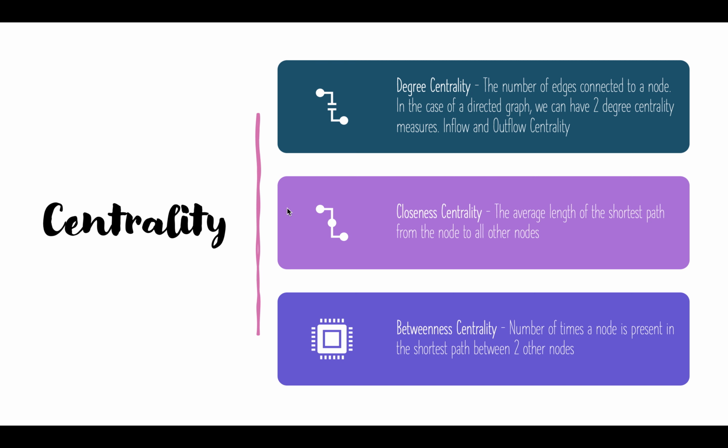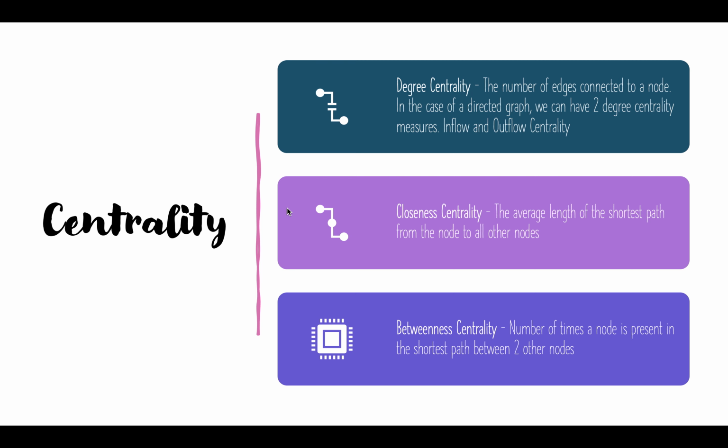But if we have a directed graph, for each node we have some edges coming into the node and some edges going out of the node, and that is where we have two different inflow and outflow centralities. If the outflow centrality is higher, that node has more influence on the other nodes. But if the inflow centrality is high, it means there are so many different nodes, people, whatever, that have an effect on that single node.